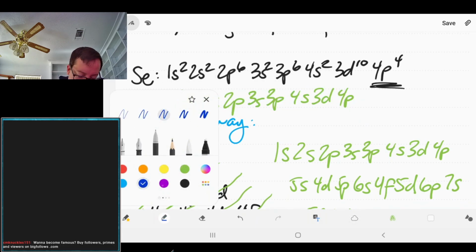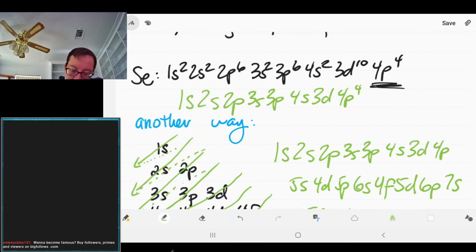We saw that selenium was 4p4. So we just have to fill up everything completely. So S's get 2, P's get 6, D's get 10, F's get 14, if we had any, and we will end up with our unfilled orbital at the end here.